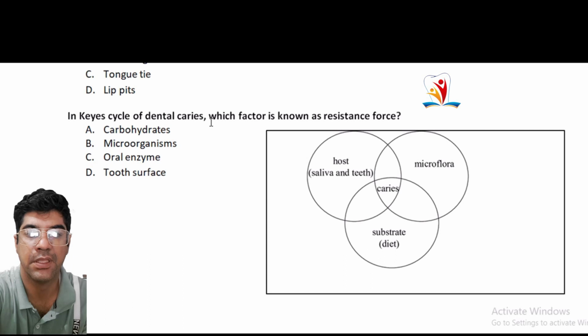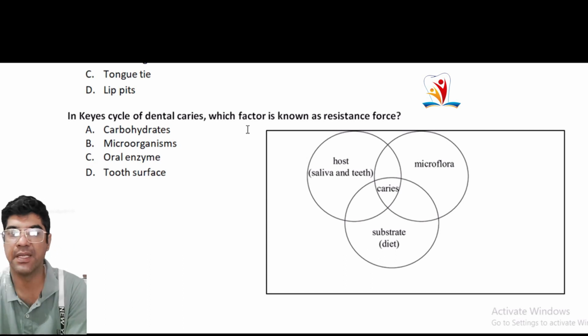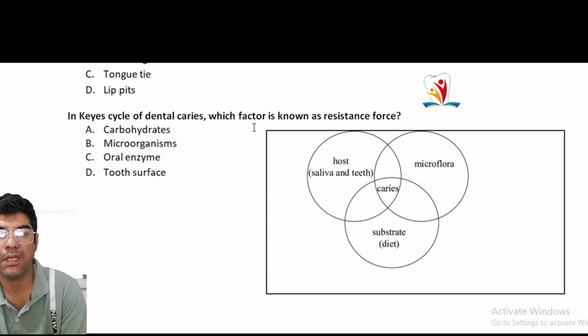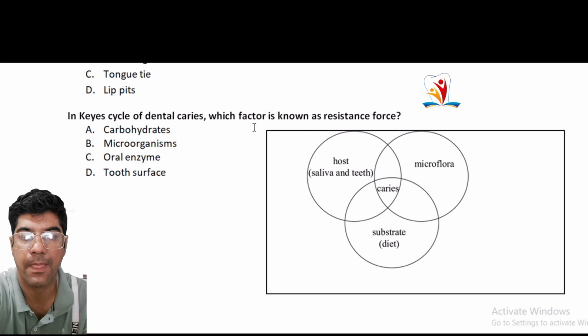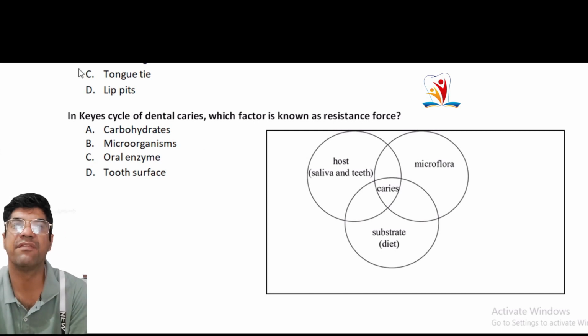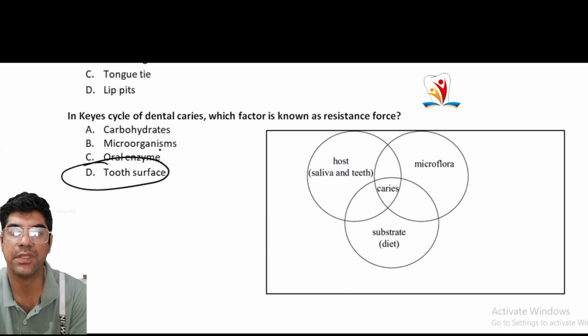The next question: in the Keyes triad of dental caries, which factor is known as the resistance force? So remember, the tooth surface in the Keyes triad is known as the resistant force.